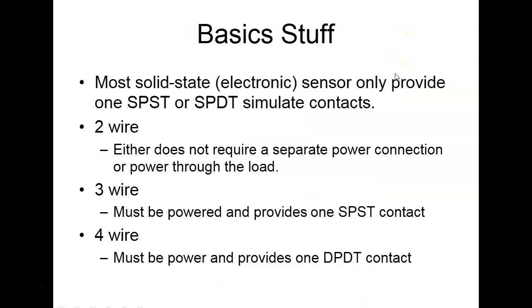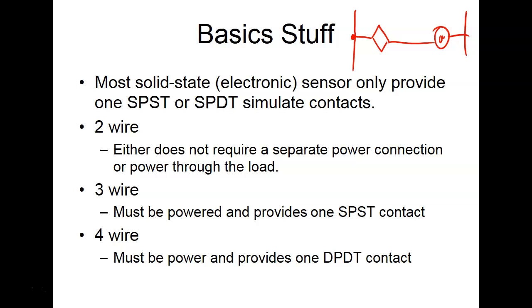Add them together, stack them on top of each other? No, I'd put my sensor right here, and then I'd come over here and use this world famous control relay, and let the control relay provide all the contacts, right? Does that make sense? So you see this done a lot, where you bring in the sensor and it goes to a relay contact.